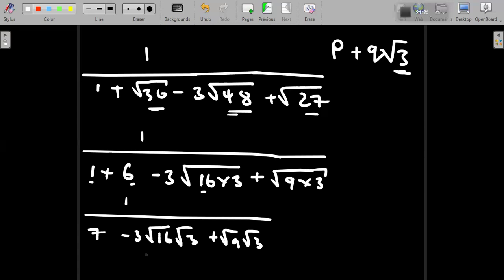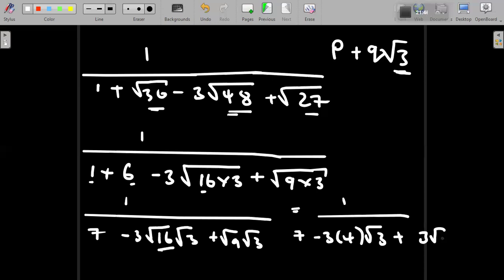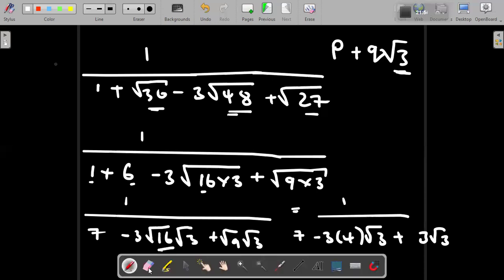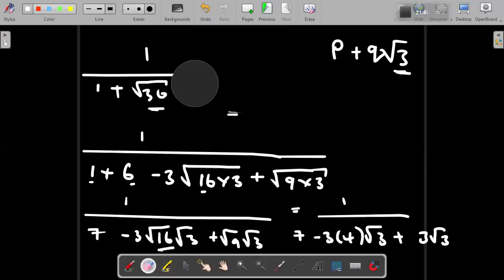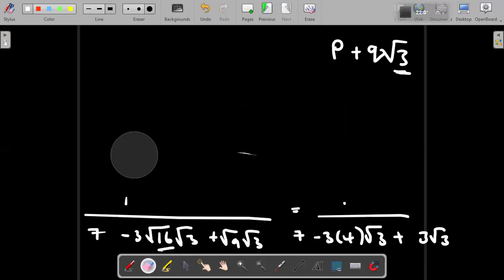So here, what do I get next? I'll have that this will be equal to 1 over 7, then negative 4 root of 3 plus 3 root of 3, like that. That's what I get. So from here, I can proceed to just evaluating that.